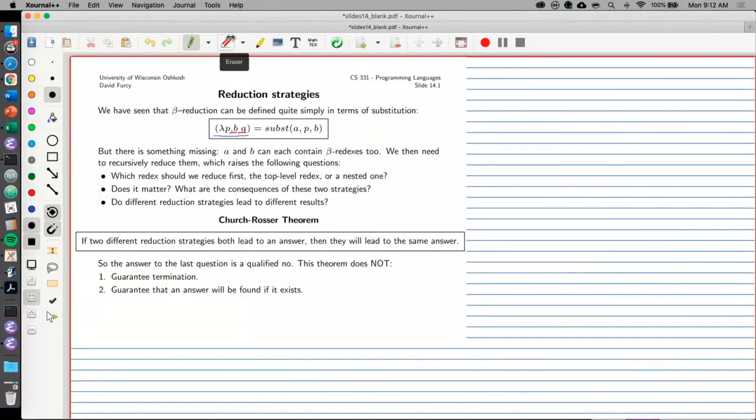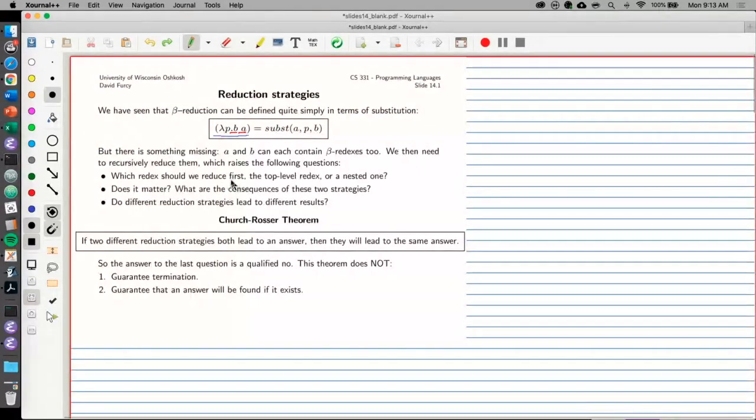There's a choice of which beta redex to reduce, and choosing which beta redex to reduce is called a beta reduction strategy. That's what we mean by a reduction strategy: which beta redex do you choose to reduce next?